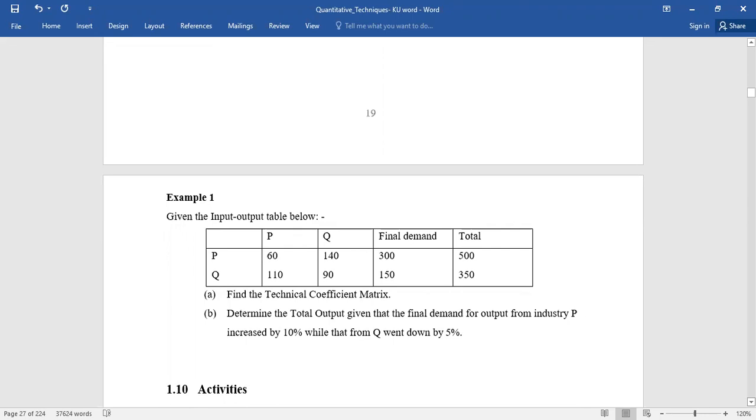I'll close mine and see how we derive the technical coefficient matrix and then the Leontief inverse. Let me know when you've opened.